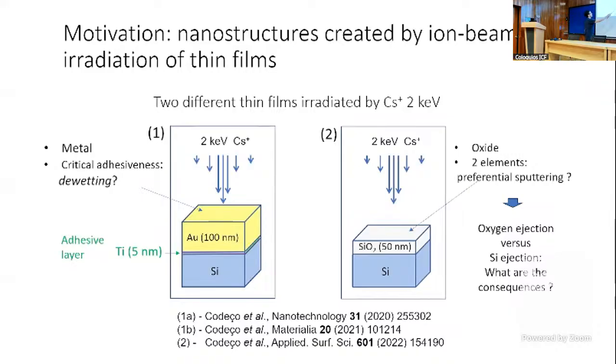We used ion beams to modify thin films, different kinds of thin film. These are two examples. Here we have a substrate, and here you have this thin film of gold and a small denser layer, 5 nanometers here.